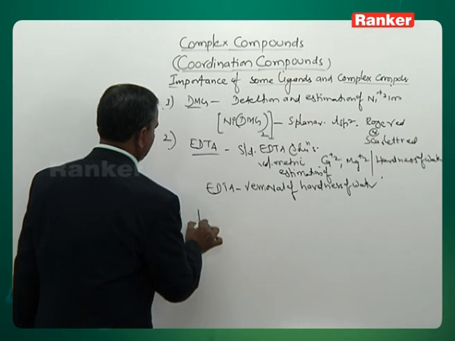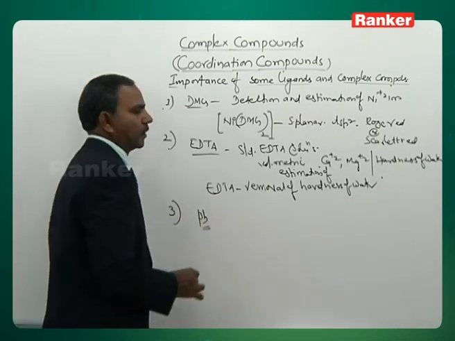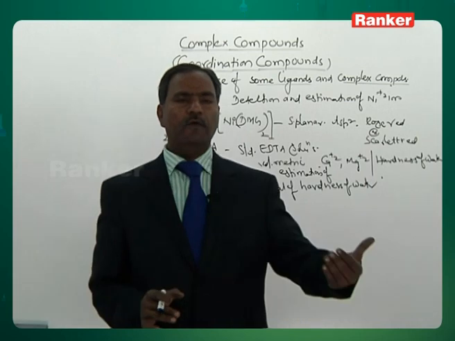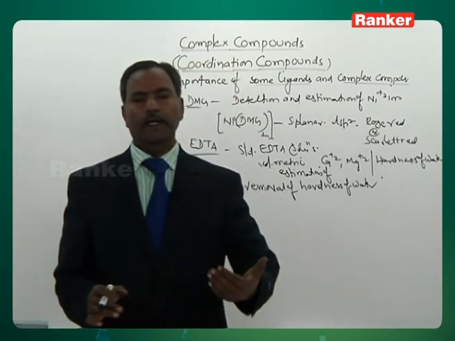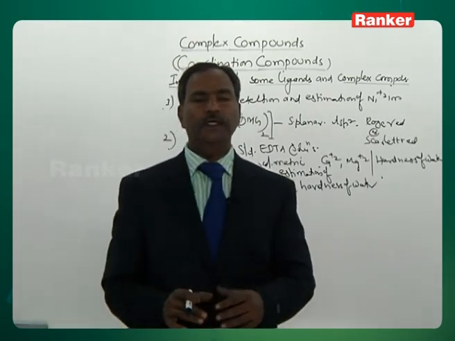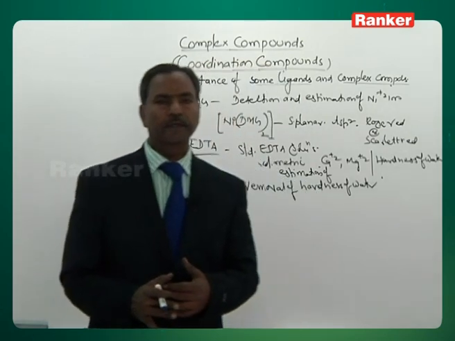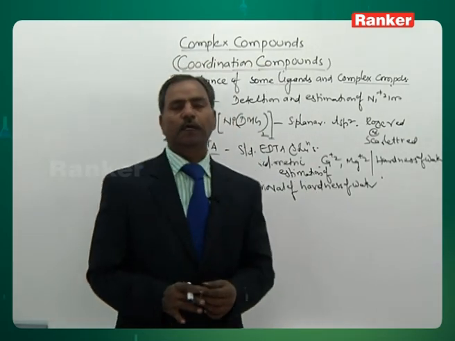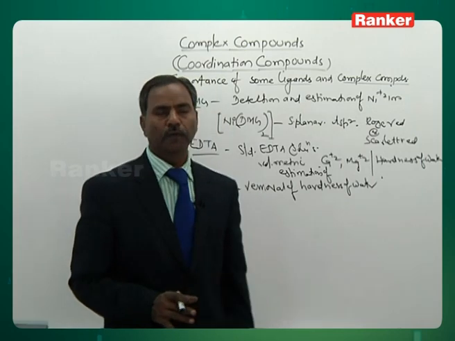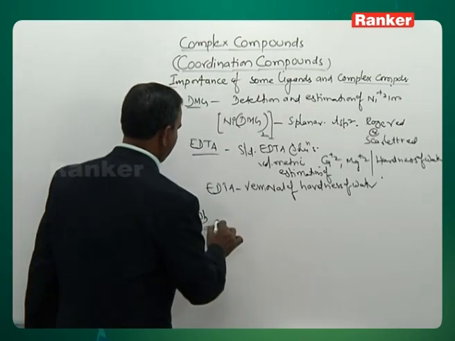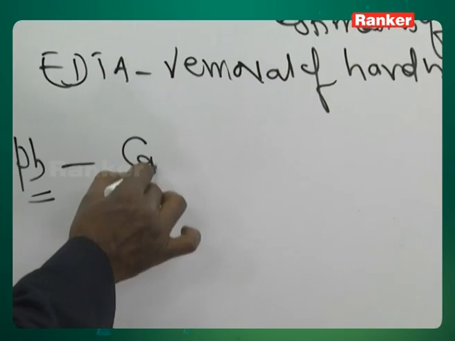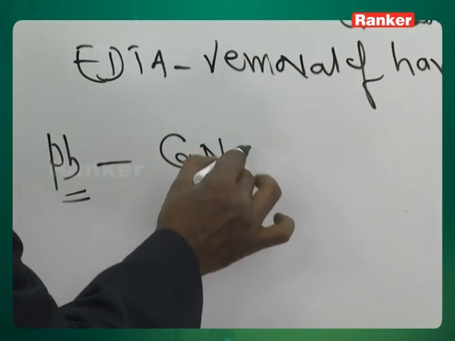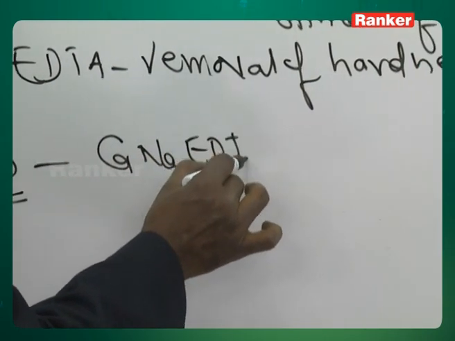Next, lead is a poisonous, toxic metal. Somewhat unknowingly or knowingly, suppose lead enters into our body, it shows its toxic effects in our body. For the removal of this particular toxic metal from the body, we use a complex: calcium disodium EDTA.